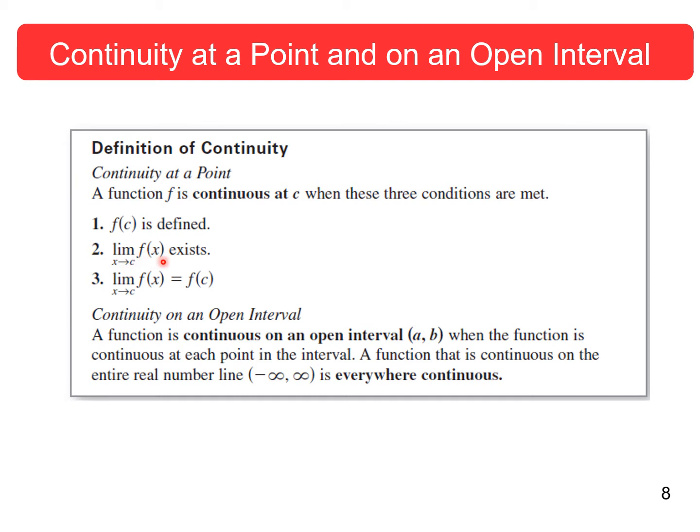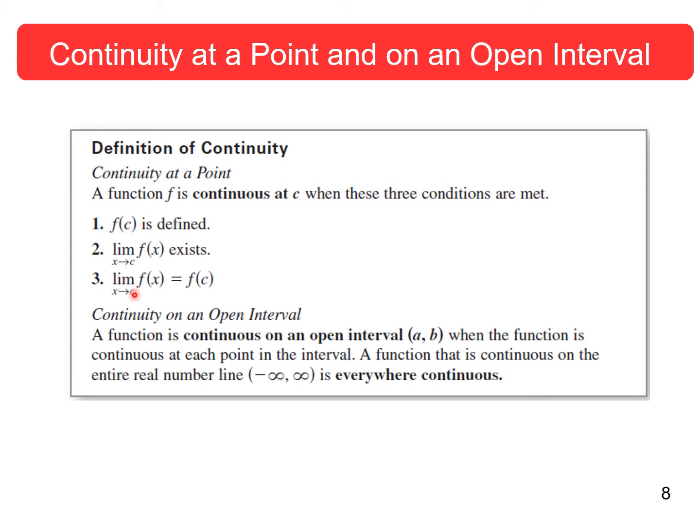When you say that the limit of the function as x approaches c exists, that means that the limit from the left of c should be equal to the limit from the right of c, or the left-hand limit must be equal to the right-hand limit.